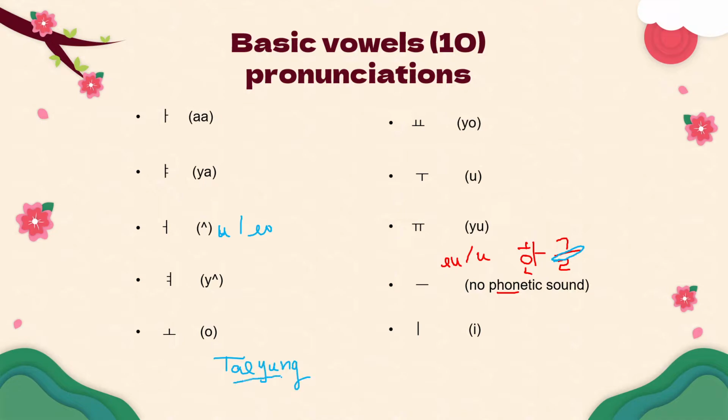The word Taeyang means sun in Korean, and if you read the romanization, you will read this as Taeyang, but it is not Taeyang, it is Taeyong. Sorry, Taeyong. So this is Taeyong.